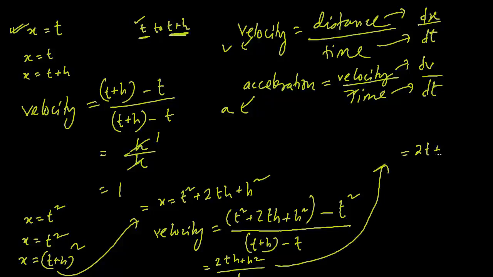We get 2t plus h. Now I mentioned that h is a very small amount of value. So moving from time t to time t plus h, meaning the time change is extremely low, we can say that when displacement is t square, the velocity is 2t. We can just ignore this h.